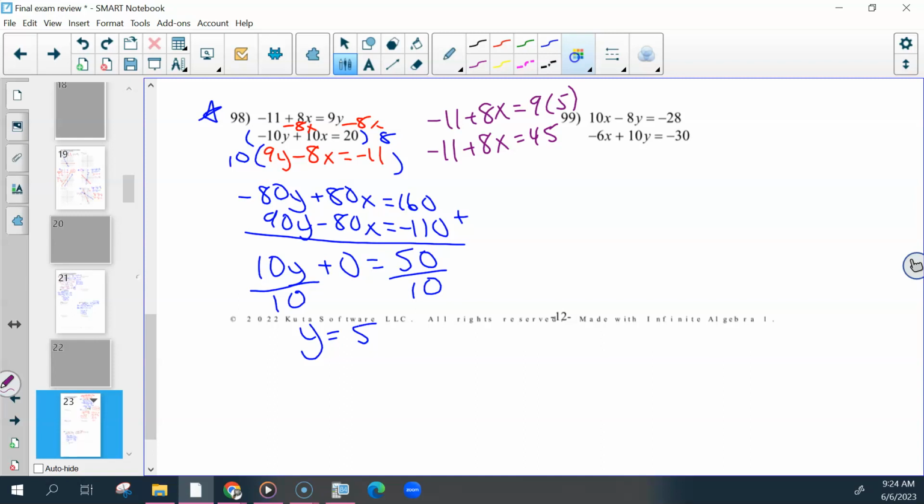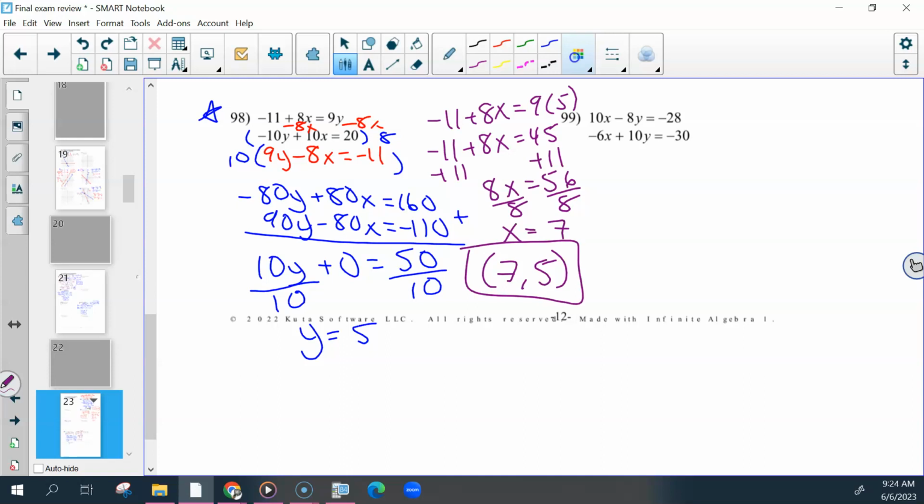And then you would be solving for x. So get rid of 11, add it to both sides, and divide both sides by 2. Still put it as an ordered pair, but you solve for y first, so that would go second.